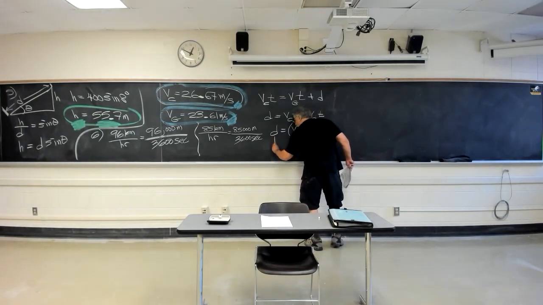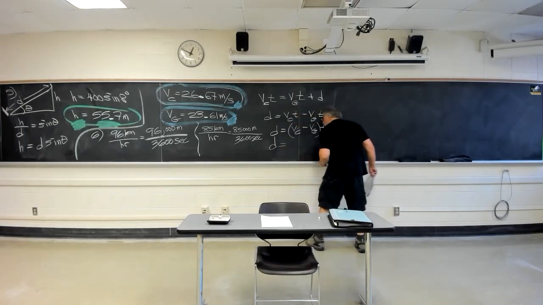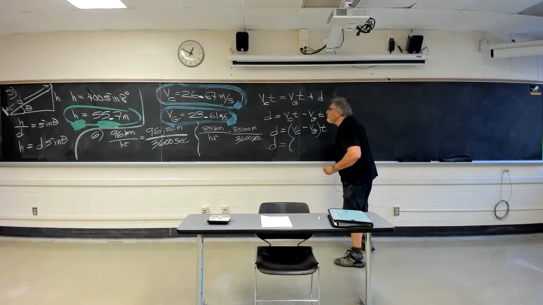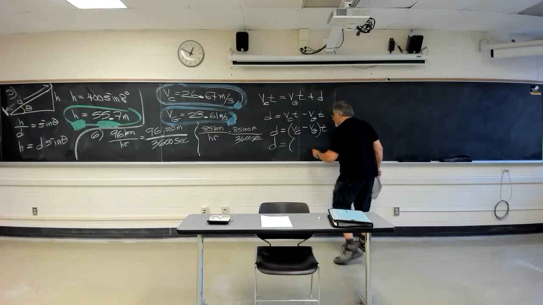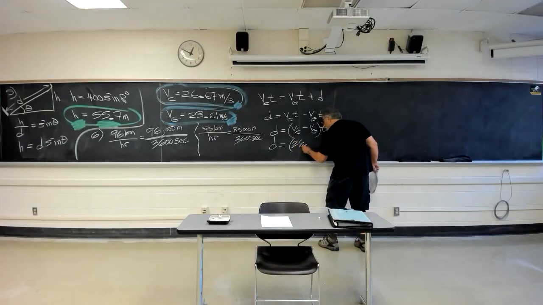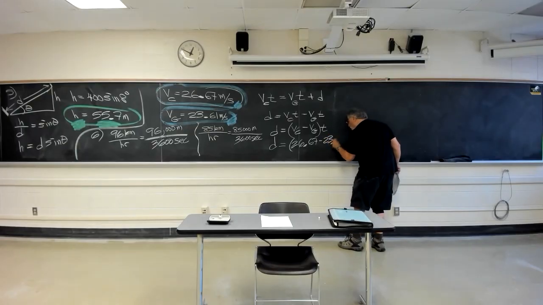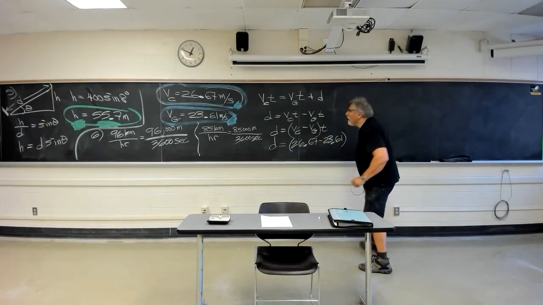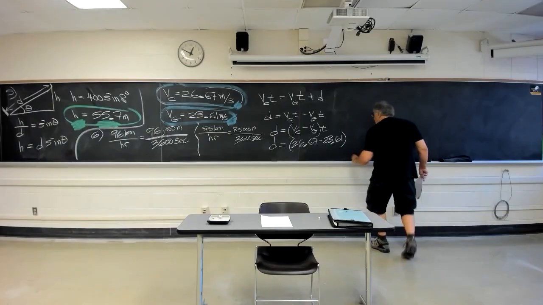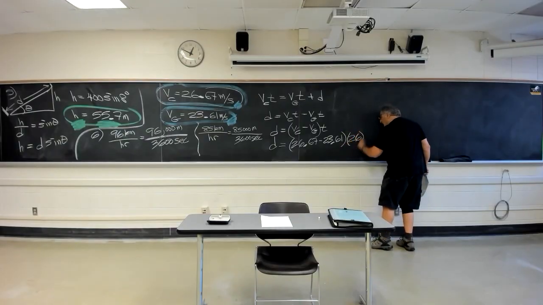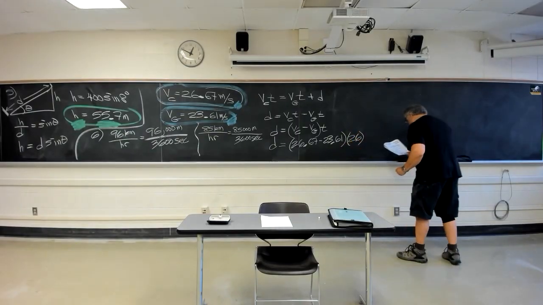We've got D right here. We've got the cheetah, 26.67. The gazelle, 23.61. And we got the time of 26 seconds. And there you go.